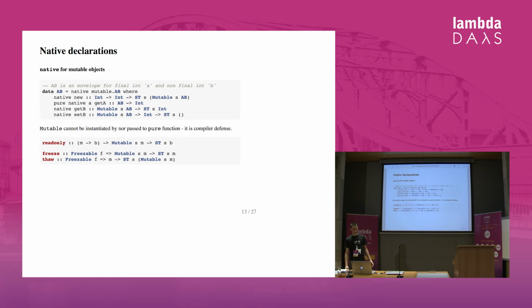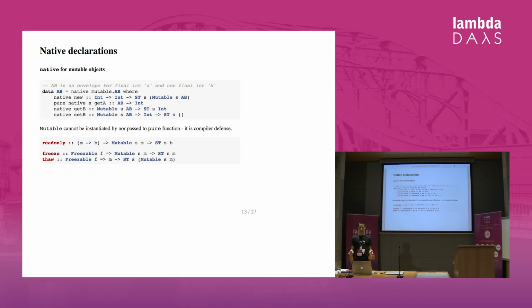So the constructor, this native new, returns ST, a state thread monad, which denotes that something can change, involve some state changes.